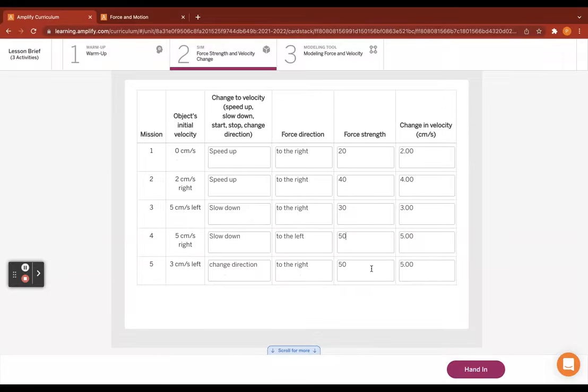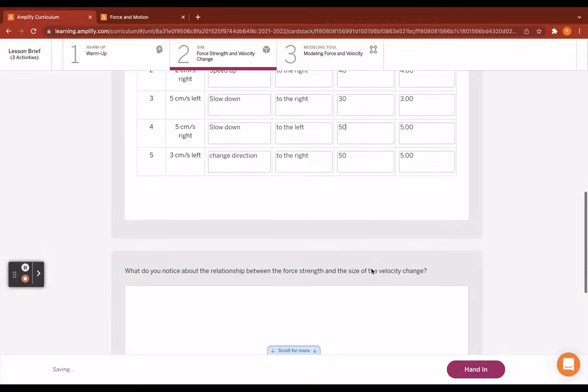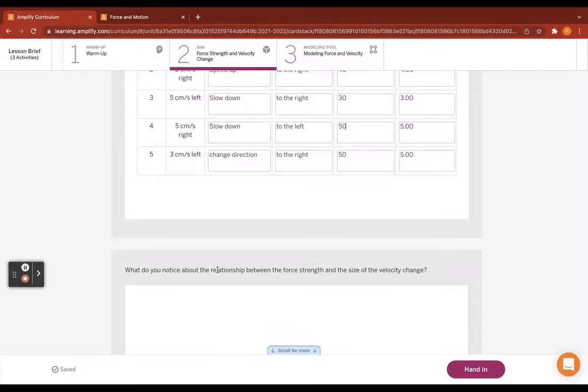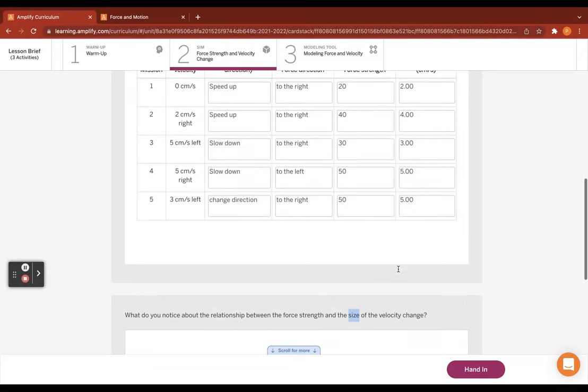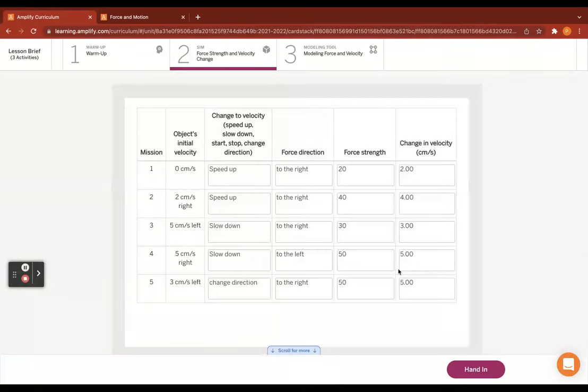Now, what do you notice about the change in velocity? What do you notice about the relationship, the connection between the force strength and the size of the velocity change? When the force strength is 20, it changed by 2 centimeters per second. When the force strength was 30, it changed by 3 centimeters per second.